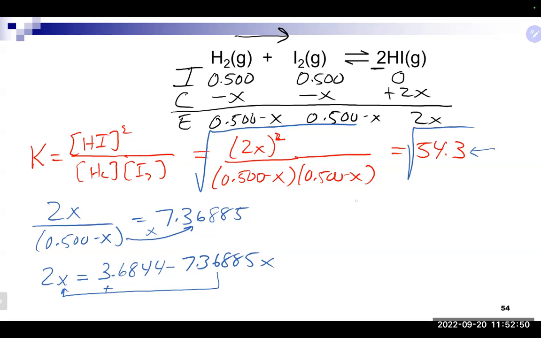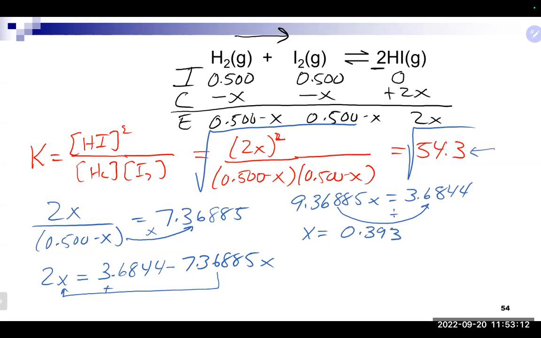When we do that, we end up with 9.36885x equals 3.6844. At this point, we're good to divide both sides. When we do, we end up with an x value of 0.393 in this case.